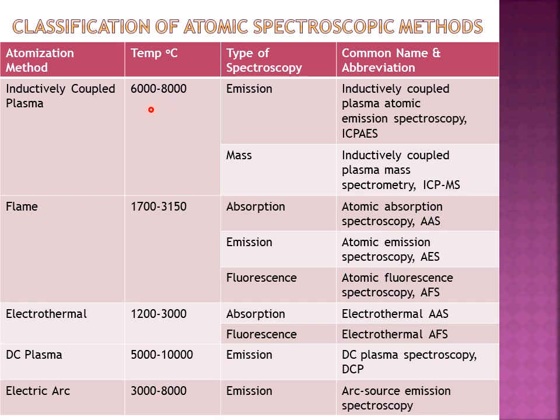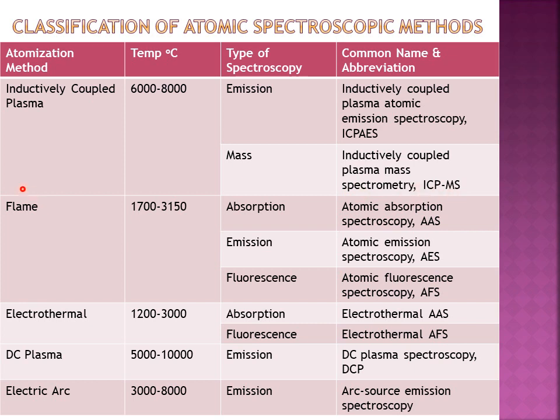So this temperature range can be provided by inductively coupled plasma. In what type of spectroscopy is it being used? It's being used in emission spectroscopy, and the name of the technique is inductively coupled plasma atomic emission spectroscopy, in short ICP-AES. It's also being used in mass spectroscopy, so it's called inductively coupled plasma mass spectrometry, ICP-MS.